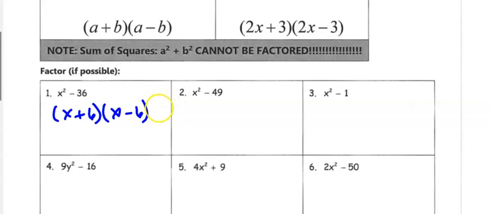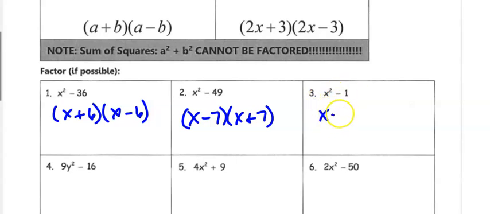Remember, with multiplication, the order does not matter. So if we have x squared minus 49, x minus 7 times x plus 7. Okay? What do we square to get 1? Because again, we got a square minus another perfect square.